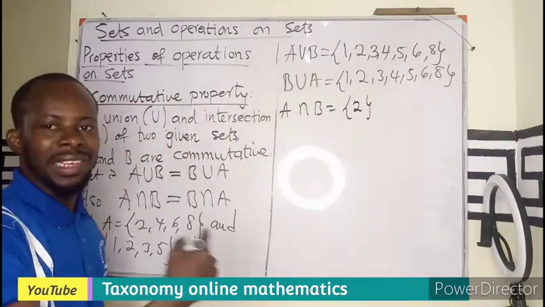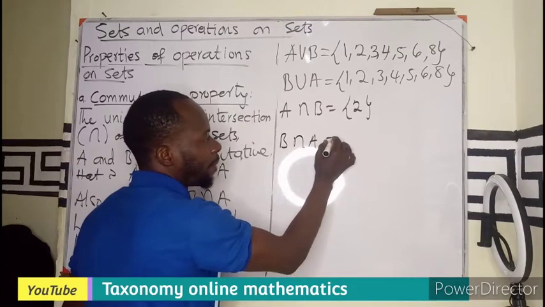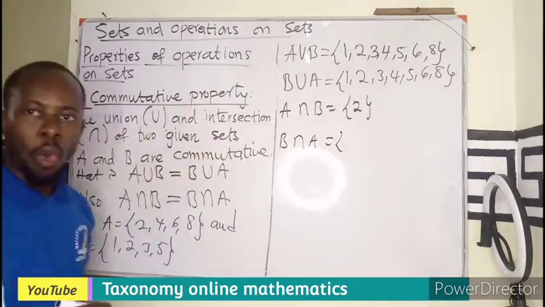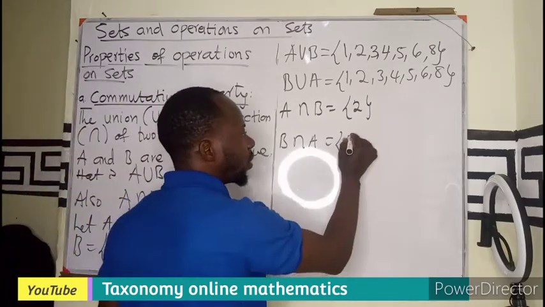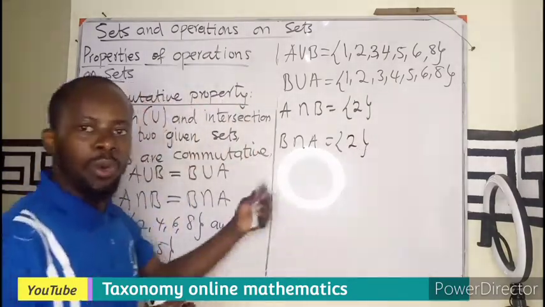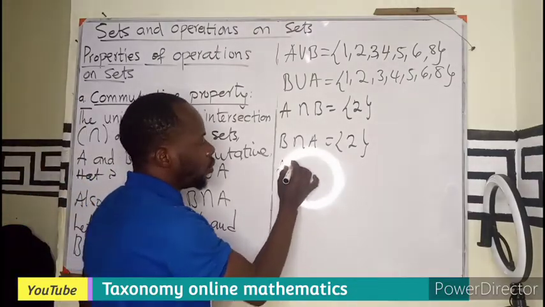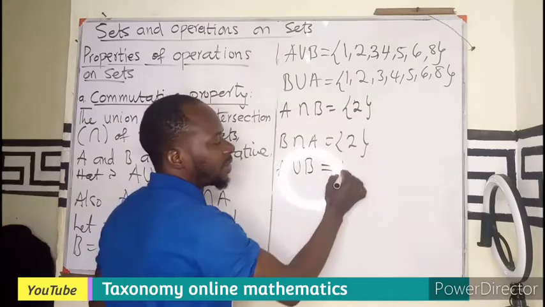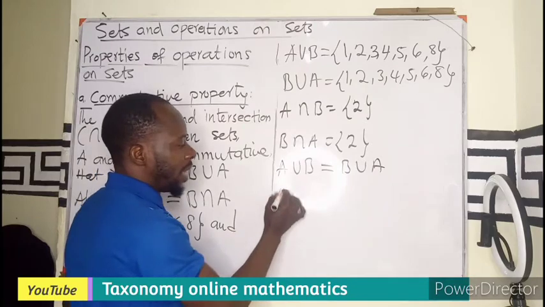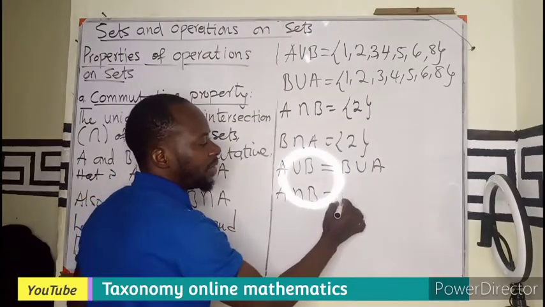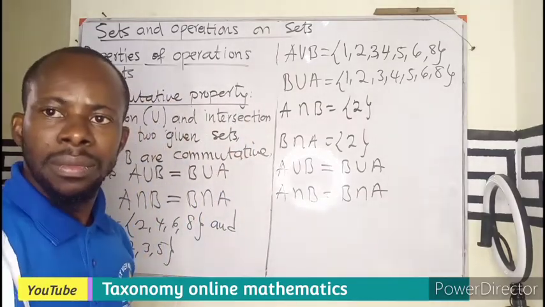That is A intersection B. If I change to B intersection A, I'm still going to look for common elements belonging to the two sets, and that will still leave us with 2. So this proves the commutative property, which says that A union B is the same as B union A, and at the same time, A intersection B is the same as B intersection A.